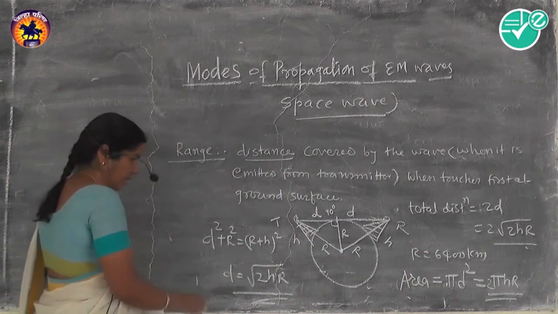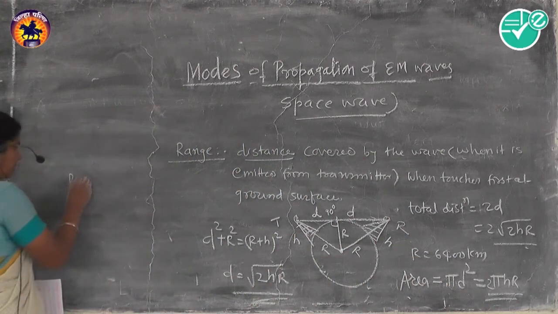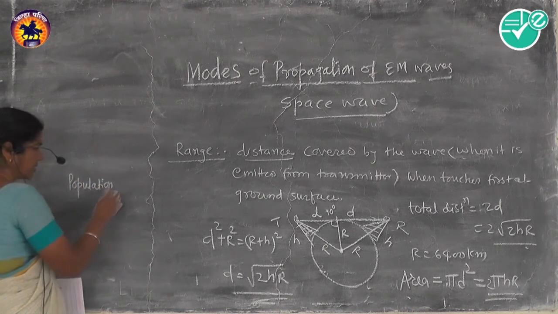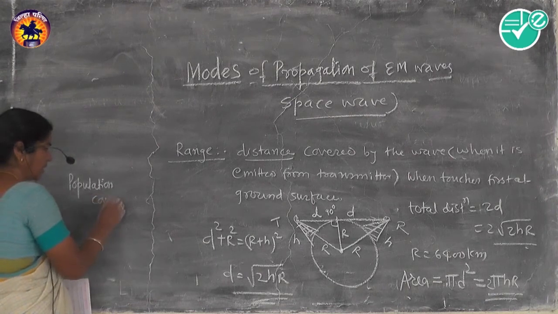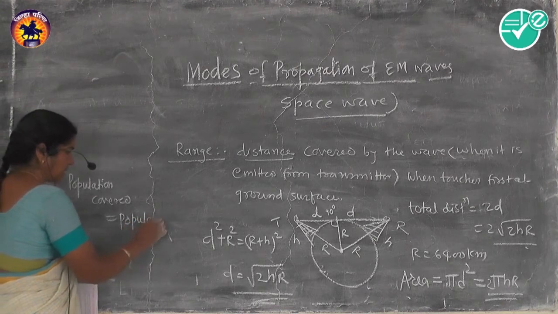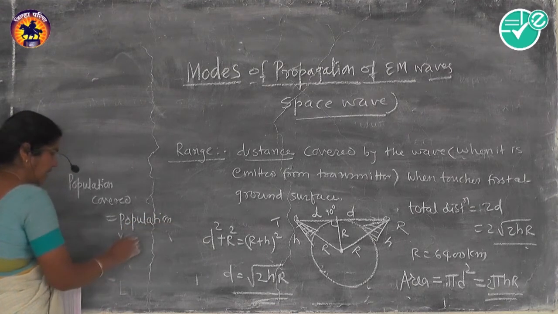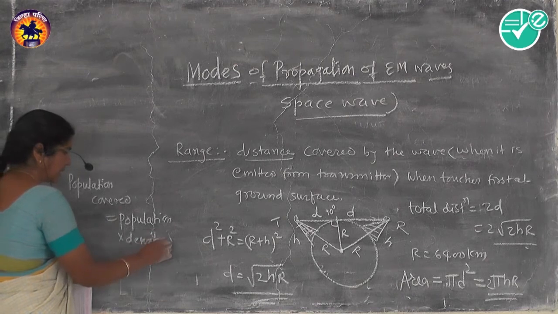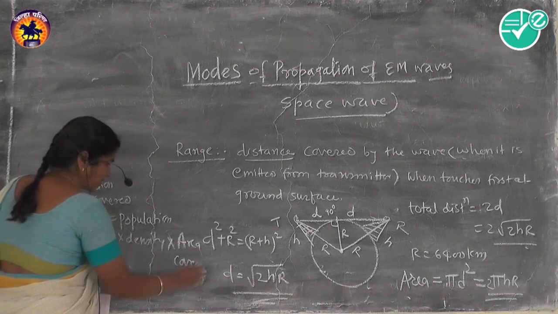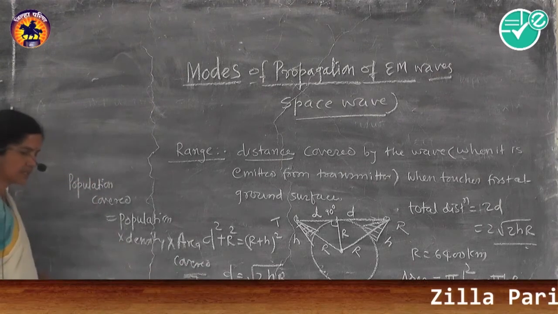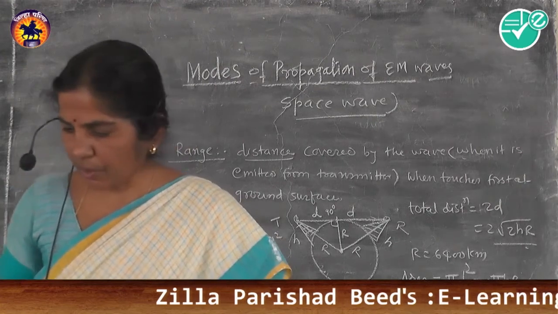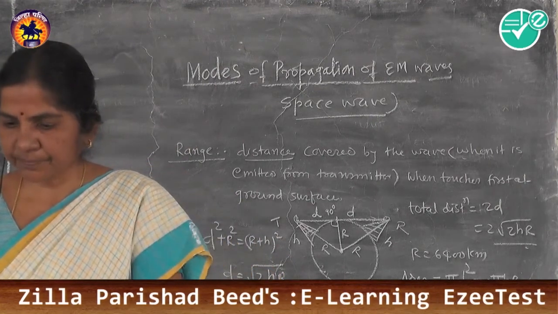Population covered is how much population will get the benefit of these radio waves. Population covered is equal to the population density of that area multiplied by the area covered. So these are some basic formulae and concepts of modes of propagation of waves.